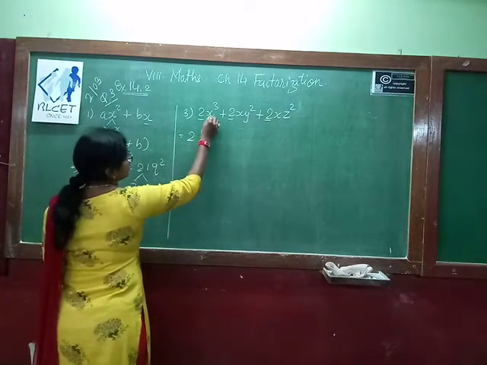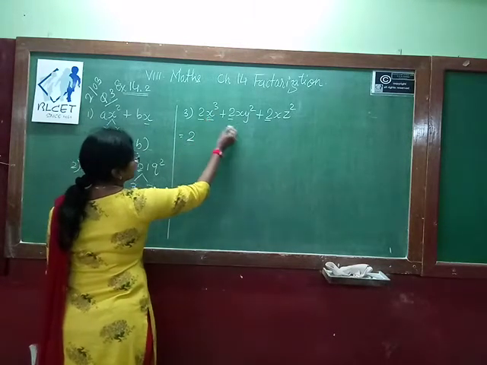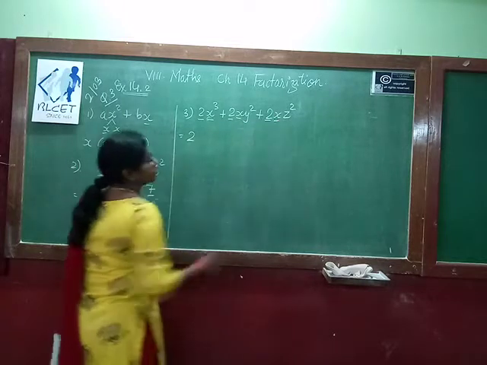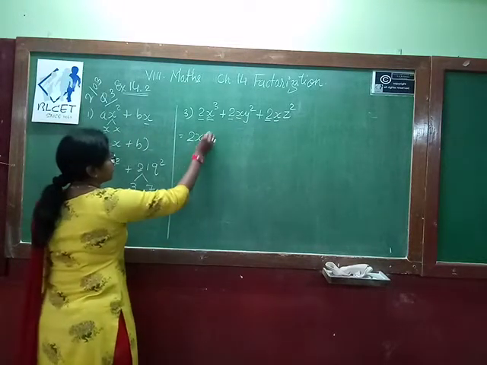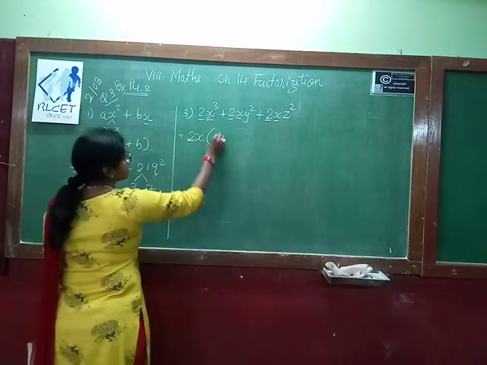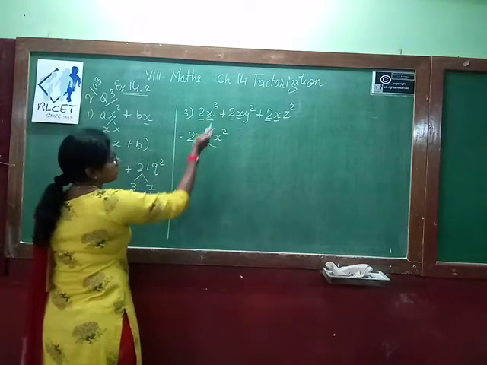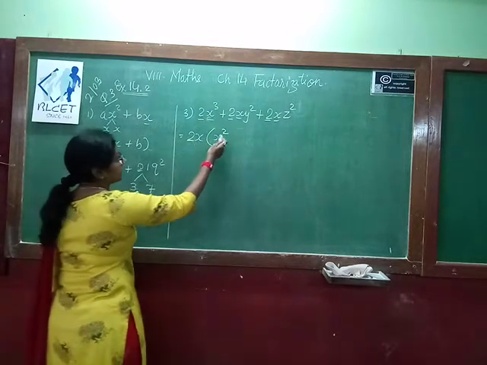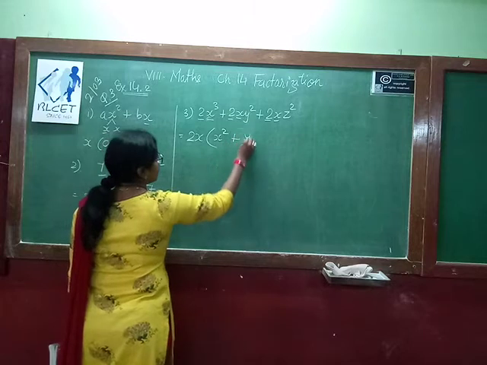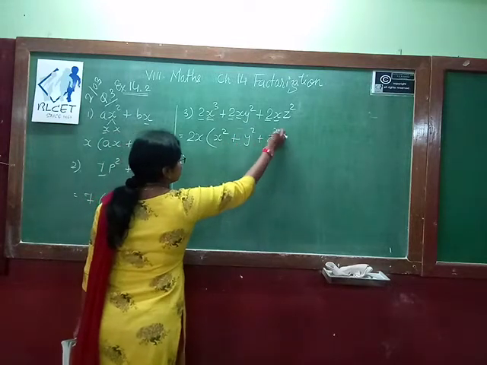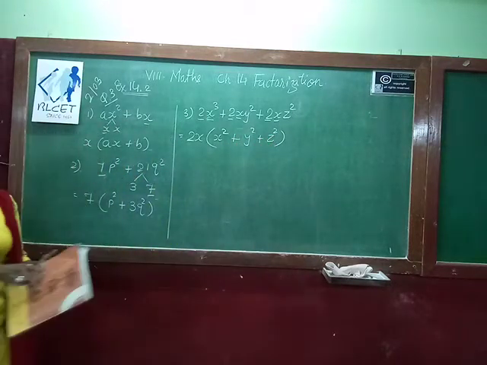Then what is common? Here 1x is common, from here 1x is common, from here also 1x is common. So take out 1x. So what is left? X square. Out of 2x cube we have taken 1x common, so x square is left, so x square plus y square plus z square. So this is the answer of third question.